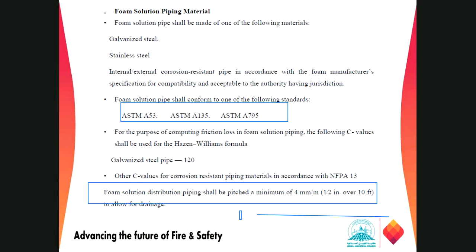For the galvanized steel pipe, we know the C factor from our previous class, which is 120, right? And we can use the Hazen-Williams formula for the hydraulic calculation.